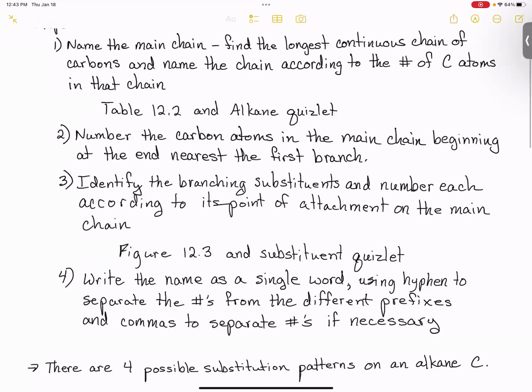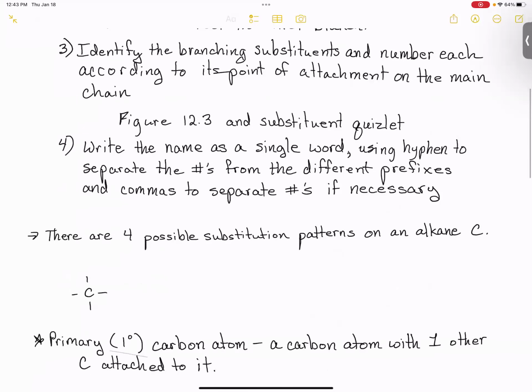Now, before we move on, there are 4 substitution patterns that can occur on an alkane carbon. If you think about it, you have carbon, and carbon has 4 bonds. So each of those bond locations can result in a substitution.